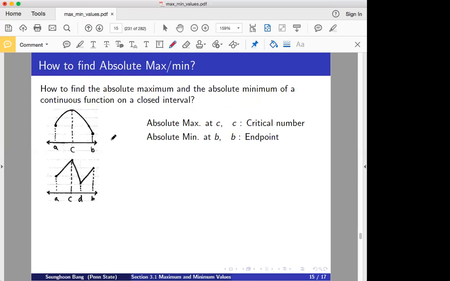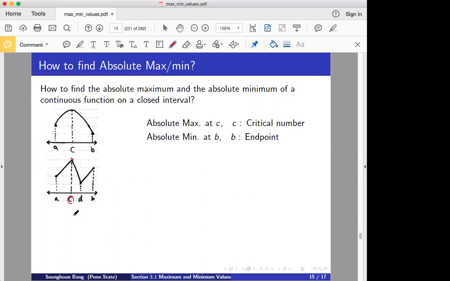The second one. Do we have an absolute maximum? At which point do we have the absolute maximum? My graph's not good. Here, c. Absolute maximum. Do we have an absolute minimum?